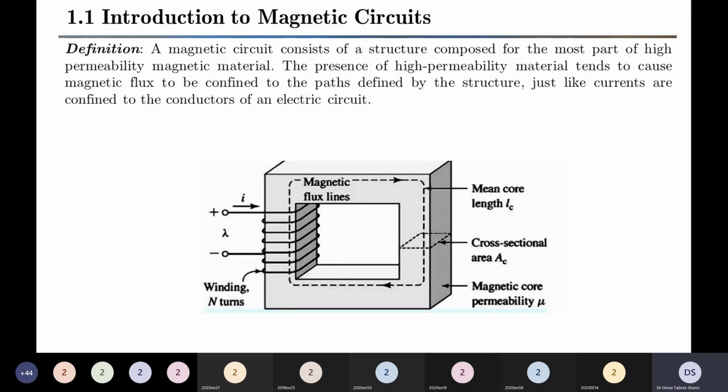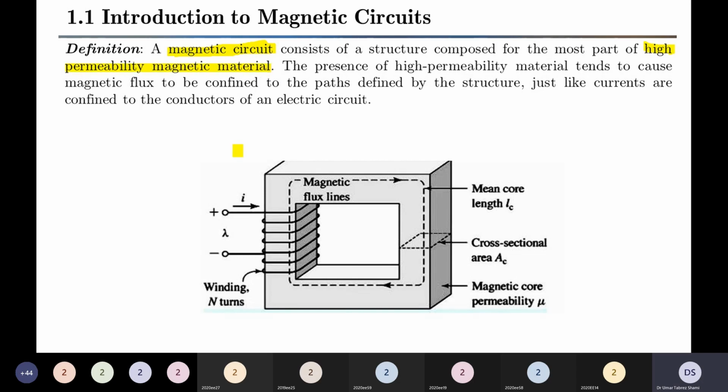One terminology that we see is magnetic circuit. What is a magnetic circuit? It is the path through which magnetic lines of force or magnetic flux lines can pass easily. Second, what is a high permeability magnetic material?